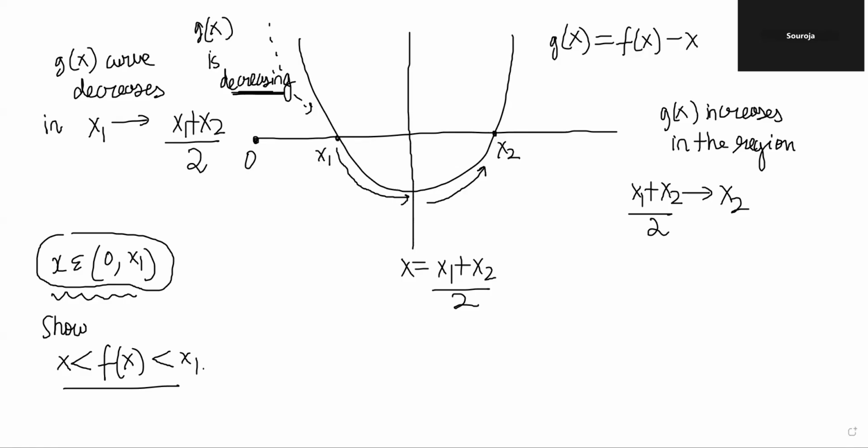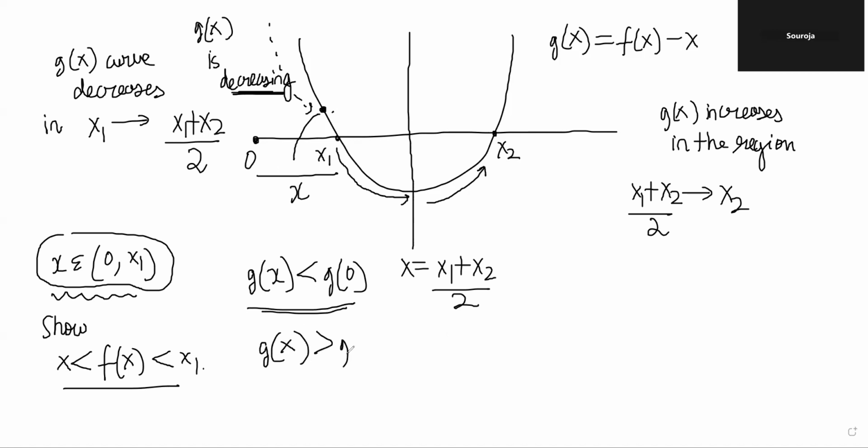If g(x) is decreasing in that region, for any x, let's say this is a point x in this region 0 to x1, then g(x) will be smaller than g(0), because the g function is decreasing. And I can also say g(x) will be greater than g(x1), because g(x1) is 0.